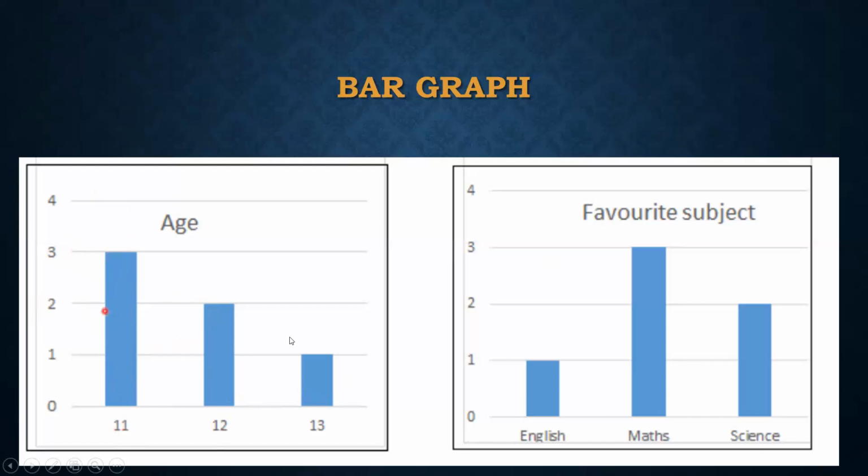If 12 is 2, let 12 be 2. The same thing applies to this one. The width of the bars must always be the same, and the distance between the bars must always be the same. The distance from here to here is the same as from here to here. Okay, the distance must always be the same.